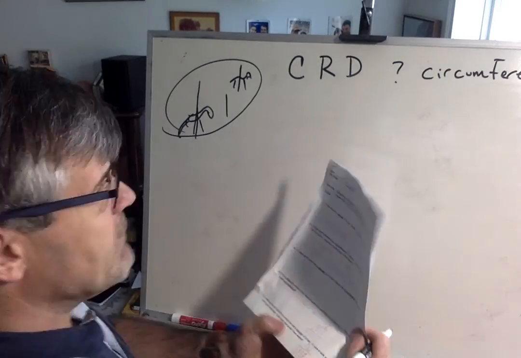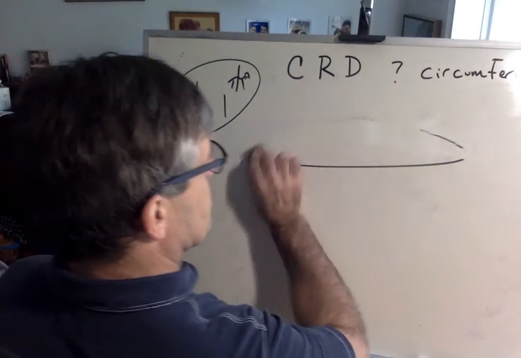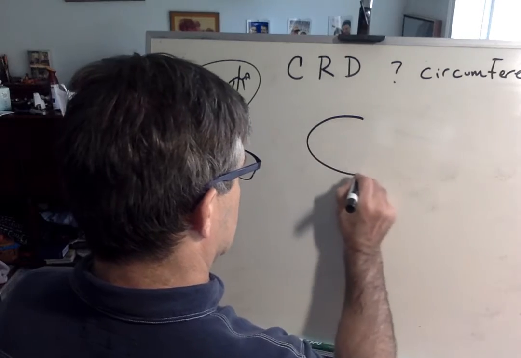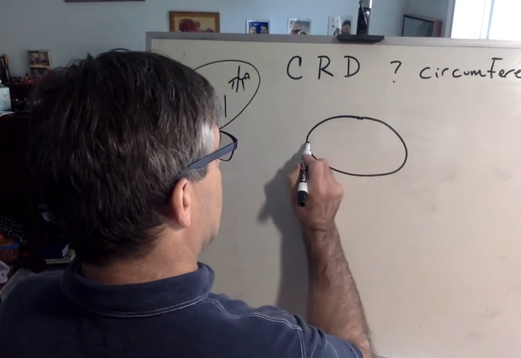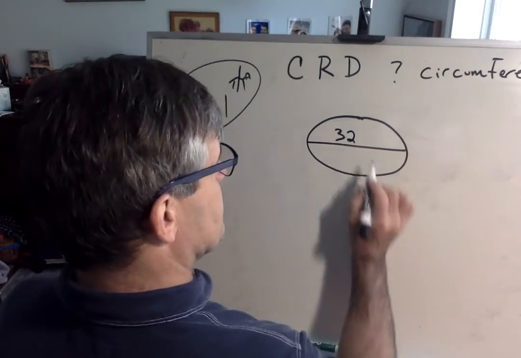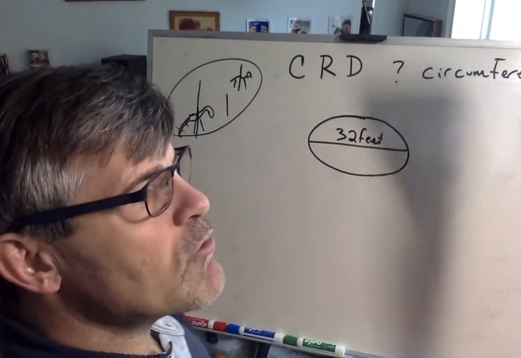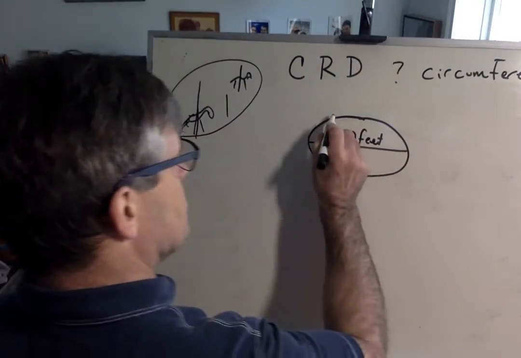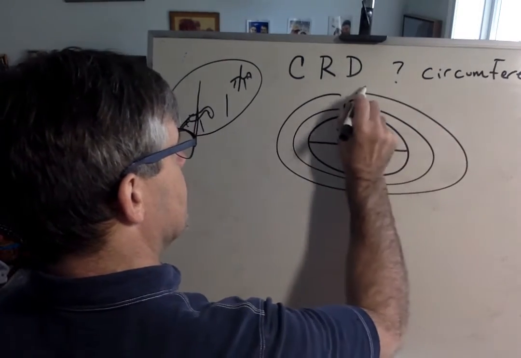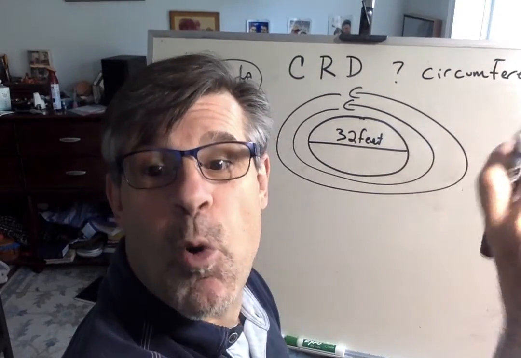So we're in a merry-go-round. And we have a diameter. The merry-go-round has a diameter of 32 feet. The question I'm asking you here is, if I were to walk around the merry-go-round twice, go around once, go around twice, how many feet would I have walked?